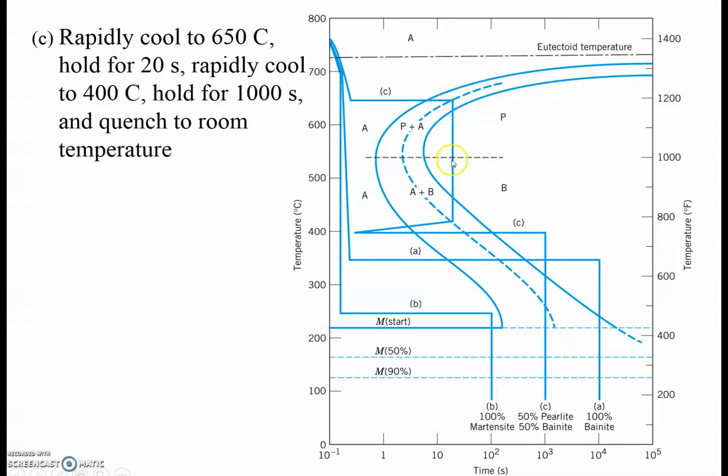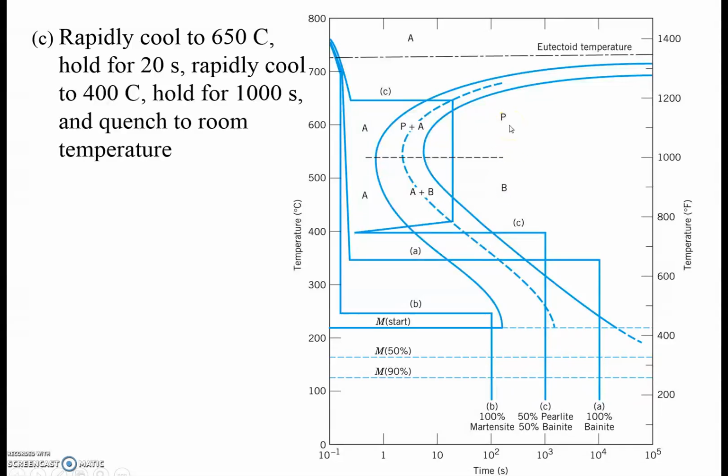I'm going to come down, all the way down. I'm rapidly cooling to 400. So 400 takes me in the ballpark here. So I'm about here. When I am here, what's going to happen? Well, if you recall how perlite and bainite are formed, either of them is formed from austenite, but they cannot be formed from each other.